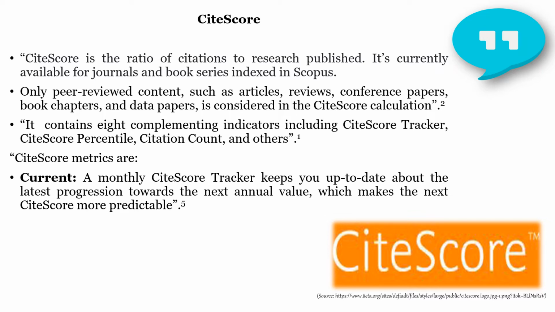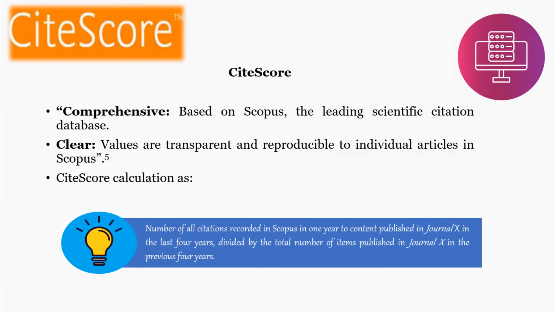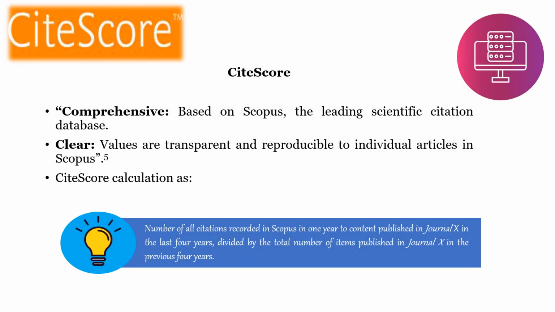So, CiteScore metrics are: first, current. Our monthly CiteScore Tracker helps you to stay updated about the latest progression towards the next annual value, which makes the next CiteScore more predictable. Second, it's comprehensive, as it's based on Scopus, the leading scientific citation database.